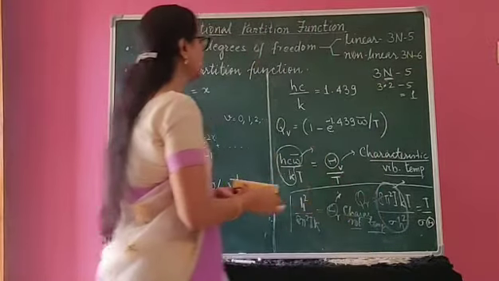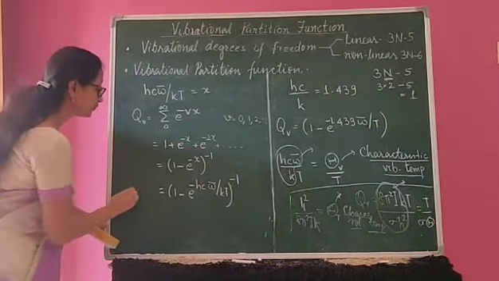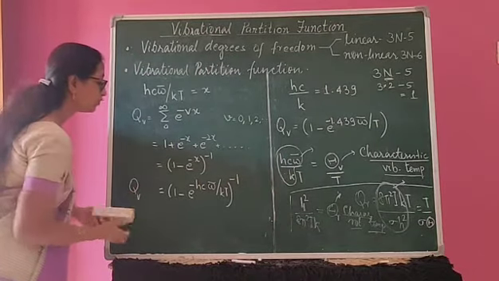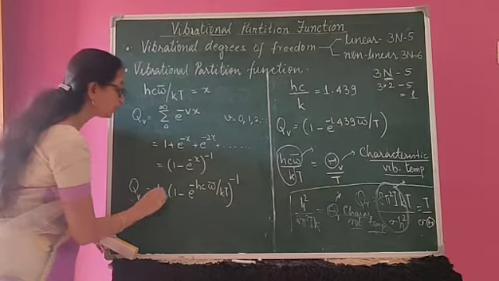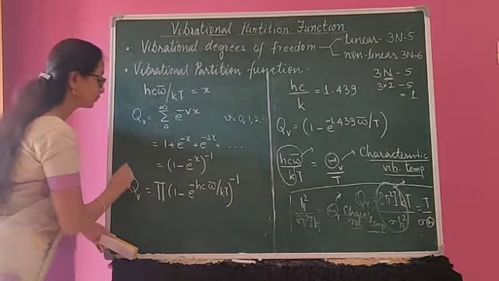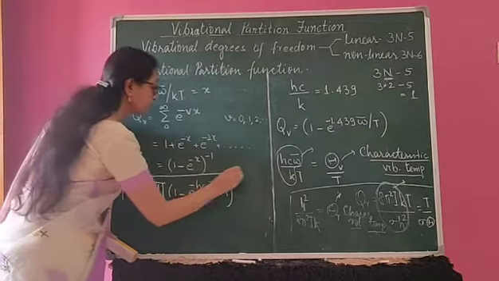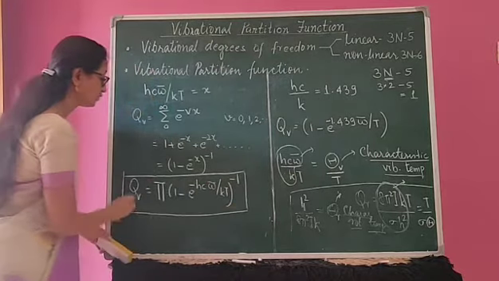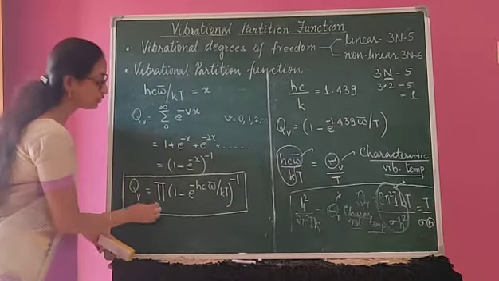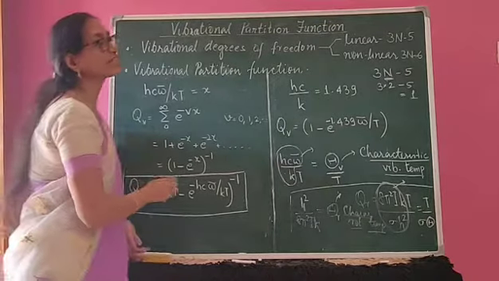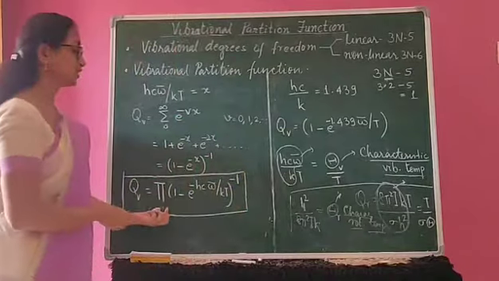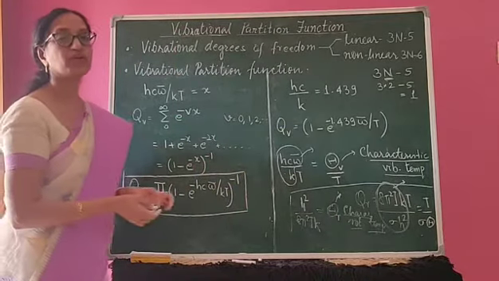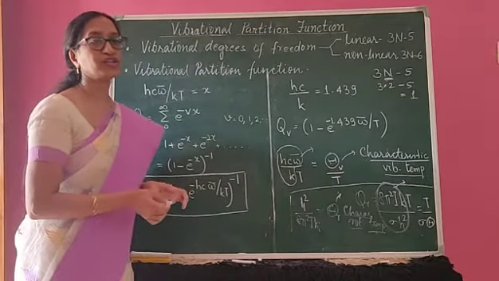We have to take the product over all the modes, so for a polyatomic molecule the partition function is the product over all the modes of vibration, whether it is 3n minus 5 or 3n minus 6. So this is all about the vibrational partition function.